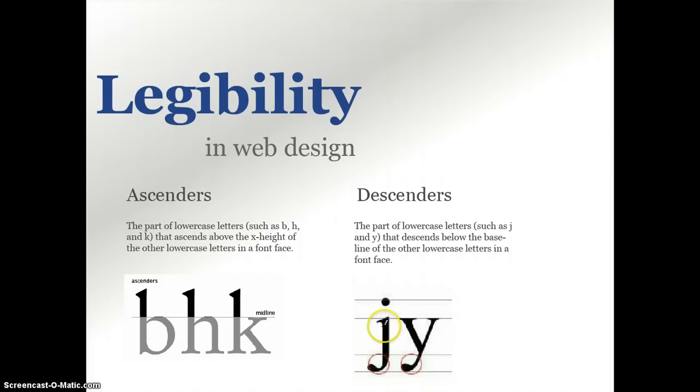So if the x-height is high and the ascender, say like on an H, is a little more truncated, then it's possible that that letter could be mistaken for an N instead of the H that it is.